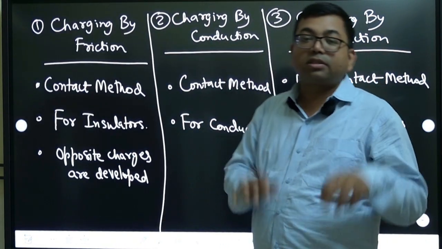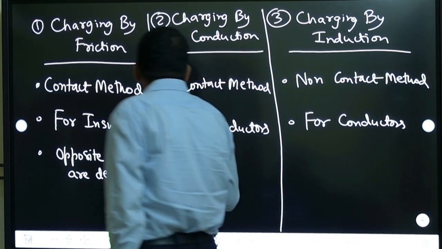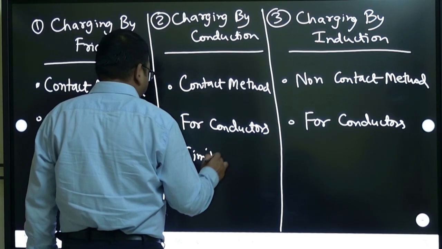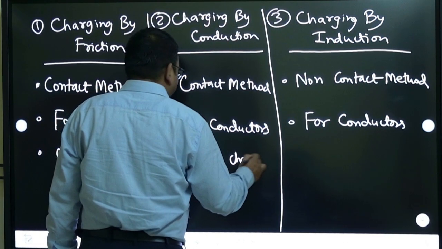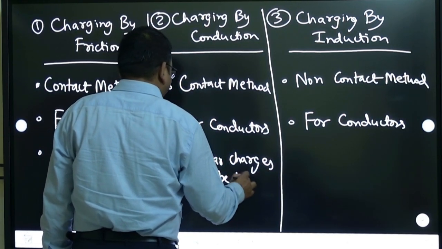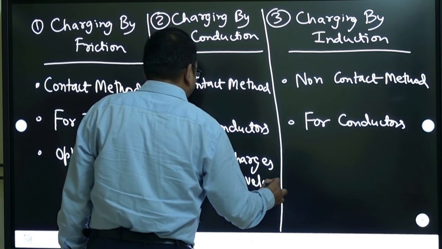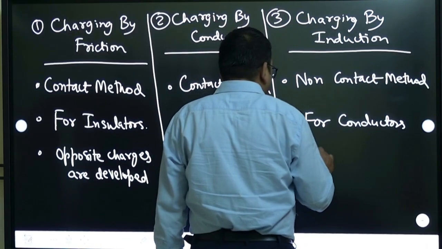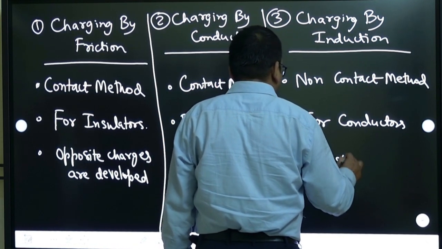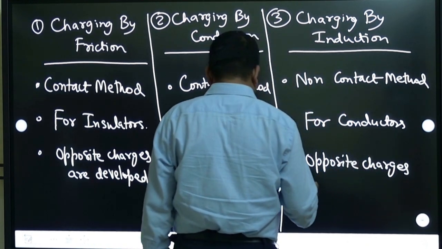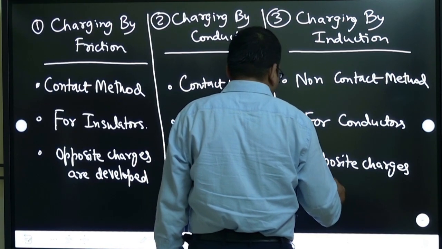So opposite charges will happen. But in charging by conduction, similar charges will be developed. And in this case, opposite charges will be developed.